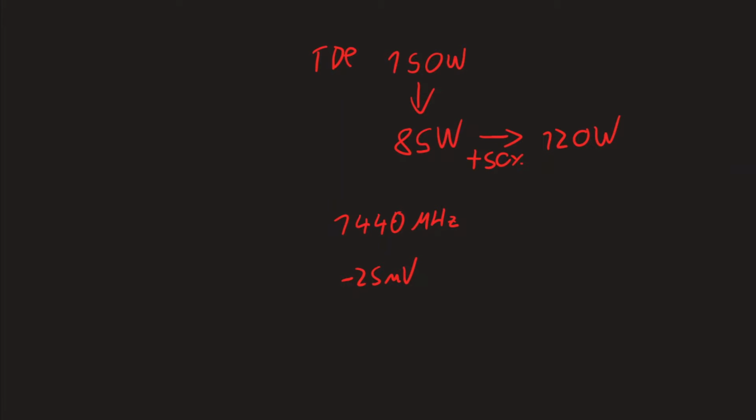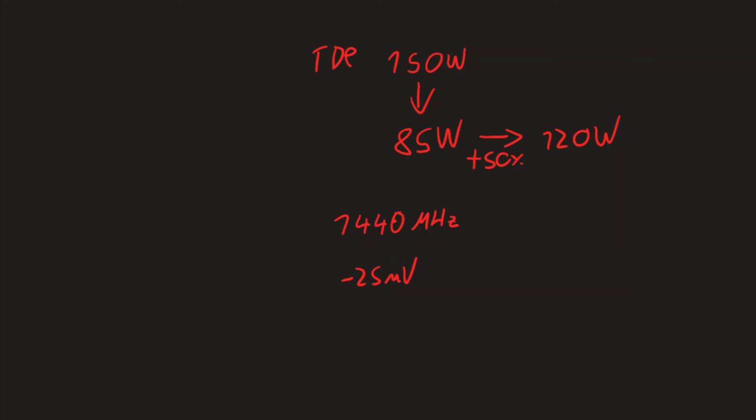And considering that my RX 570 has a very, very low ASIC quality, it is better than about 10% of RX 570s. And on AMD, a low ASIC quality means that your card will scale with voltage, but in order for it to scale, you have to give it the voltage, which I can't do, because I have to run minus 25 millivolts for the card to even run this clock.